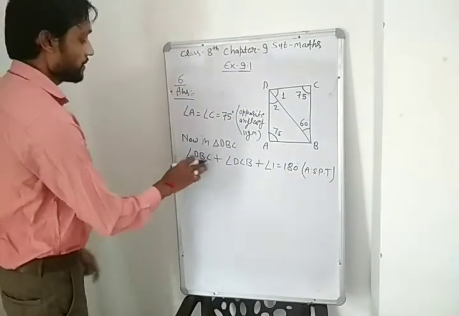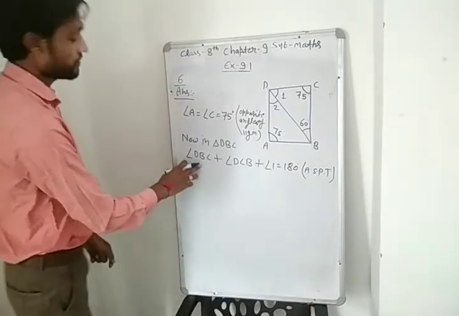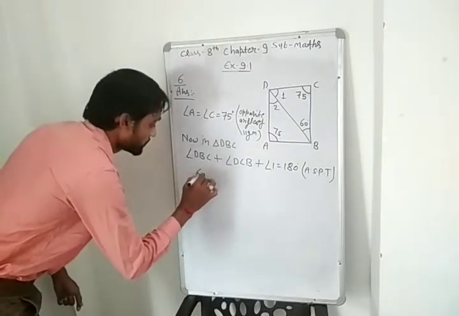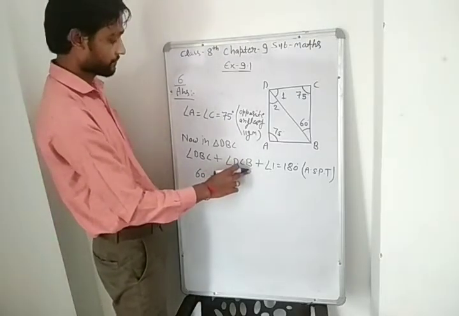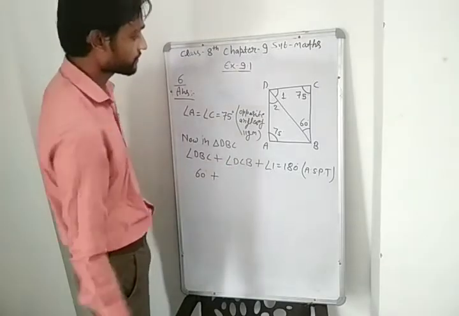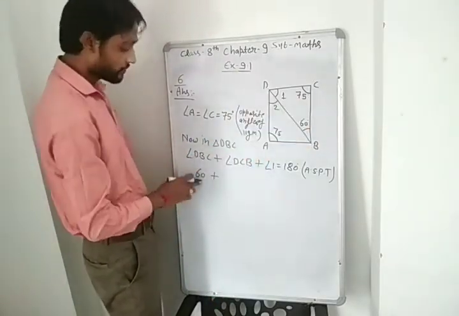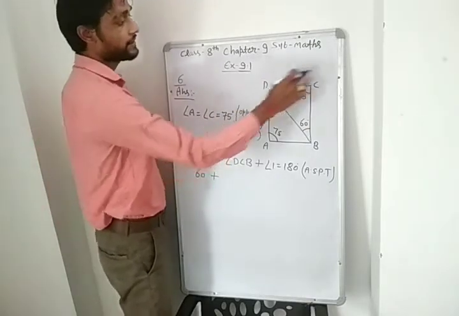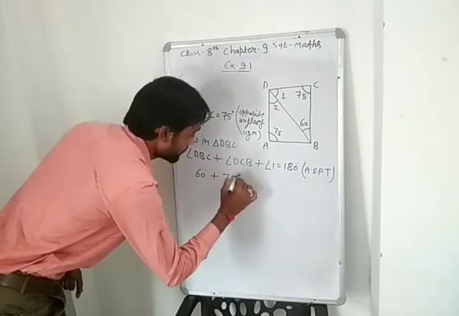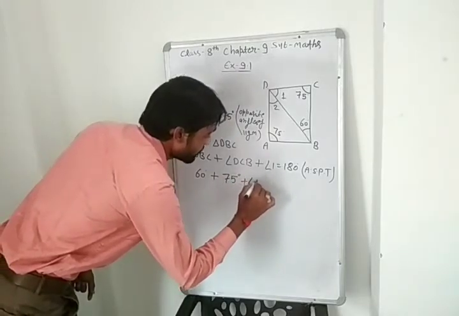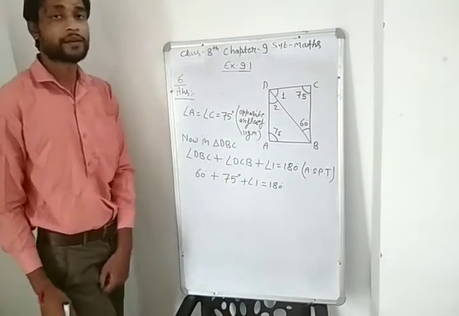Clear? Put the values of angle DBC, that is equal to 60 degrees, and angle DCB, that is equal to 75 degrees, plus angle 1 is equal to 180 degrees. Clear?